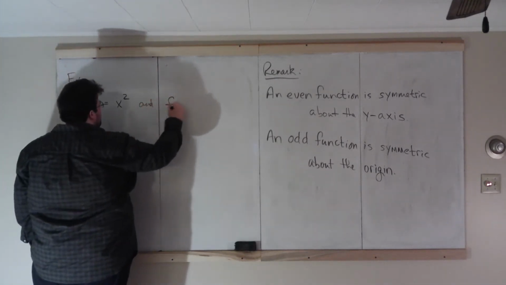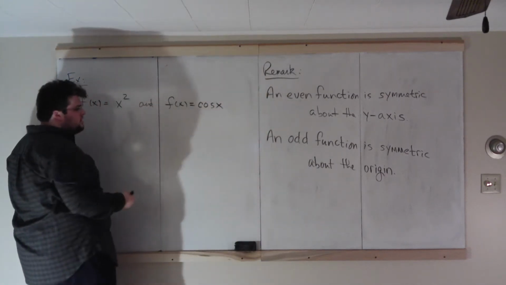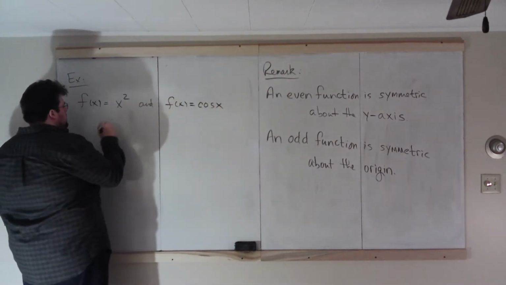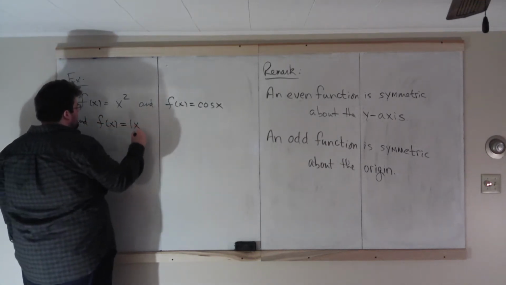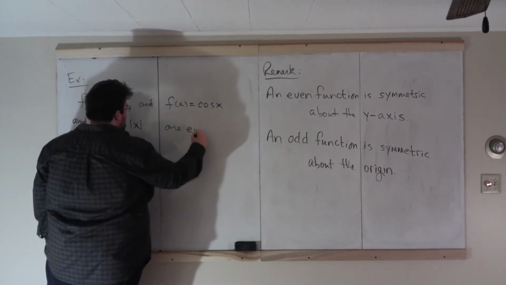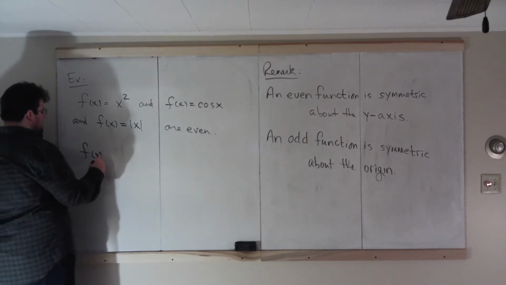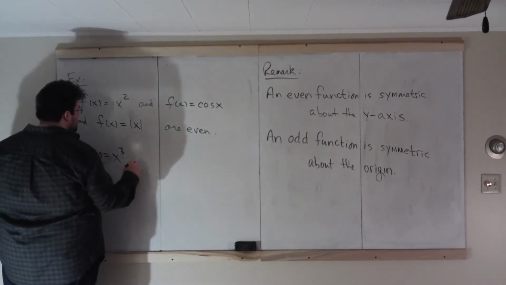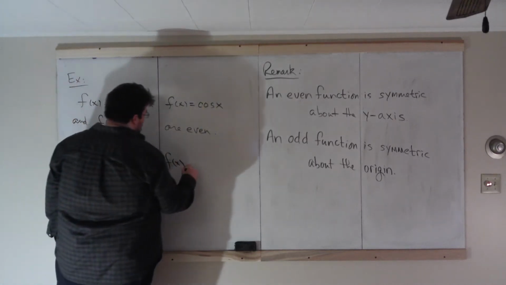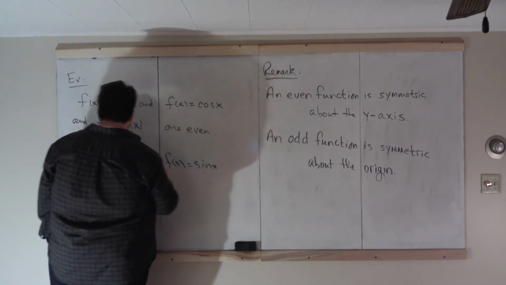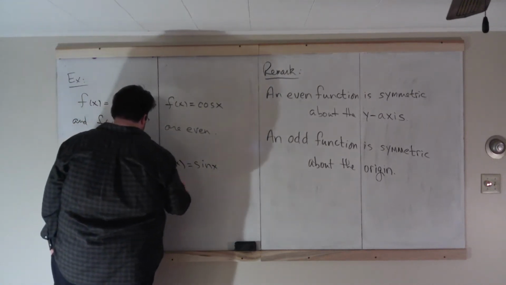And f of x equals cosine x, and f of x equals absolute value of x are even functions. How about odd functions? Well, f of x equals x cubed, and f of x equals sine x are odd functions.